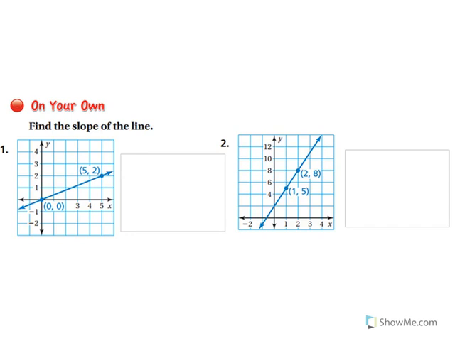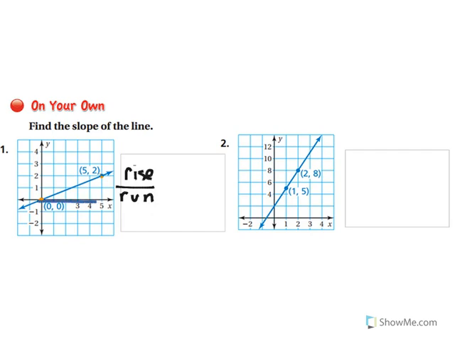For problem number 1, we have 2 points that are given to us. The first point is at the origin, 0, 0, and our next point is at 5, 2. So, again, we want to have our rise over run. We'll do our run first.